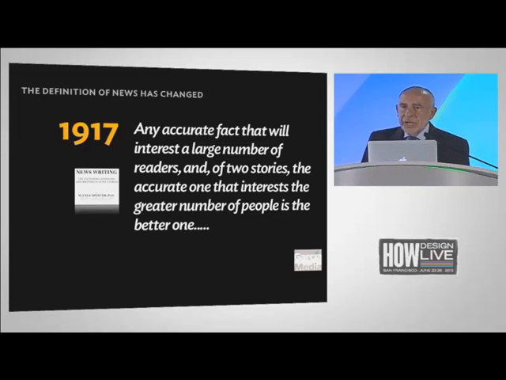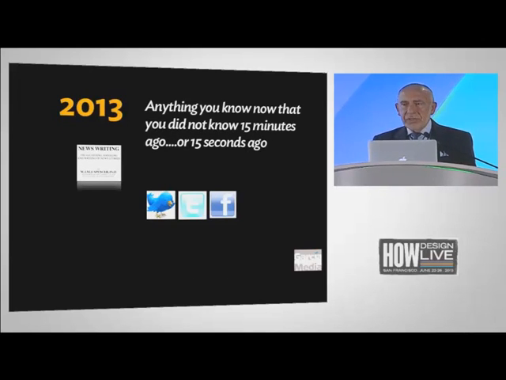It comes from a news writing book of 1917, and he said, news is any accurate fact that will interest a large number of readers, and of 2 stories, the accurate one that interests a greater number of people is a better one. That was and continues to be a good definition, but in 2013, news is anything you know now that you did not know 15 minutes ago or 15 seconds ago.